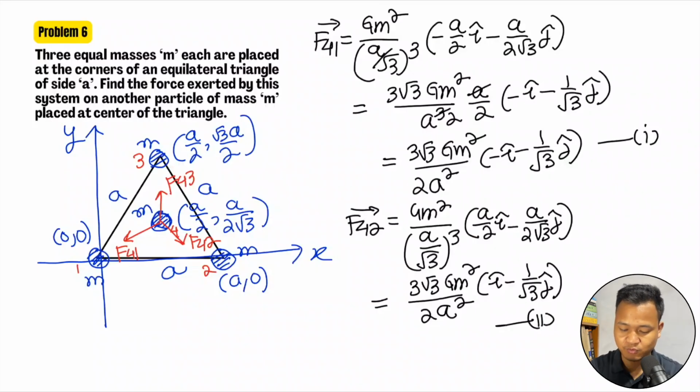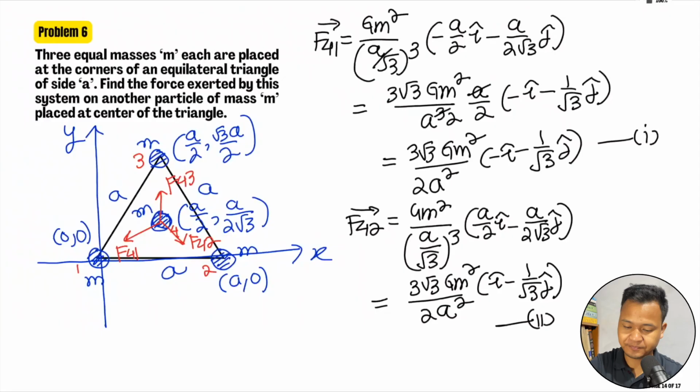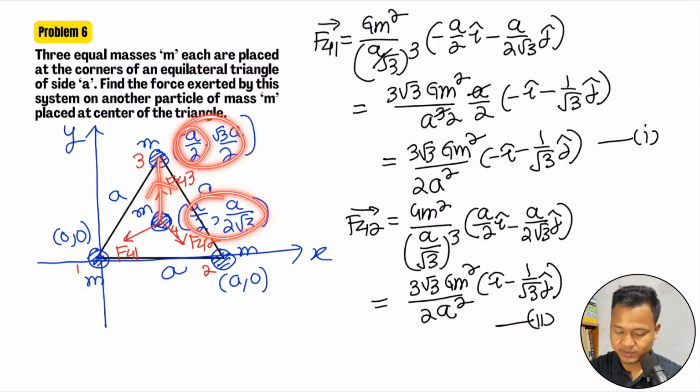Now between 4 and 3. Okay, so force on 4 due to 3, so m square divided by a by root 3, the whole cube into final minus initial, so a by 2 minus a by 2 to 0. Okay, so root 3 a by 2 minus a by 2 root 3.